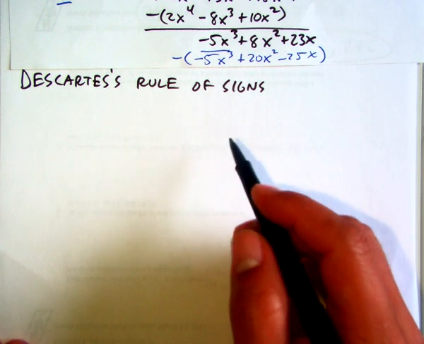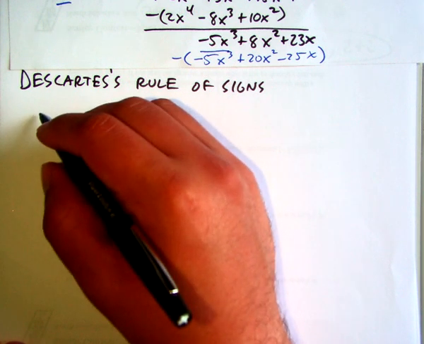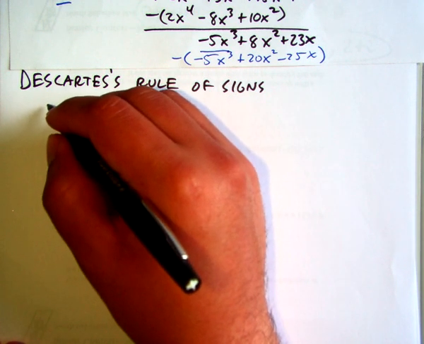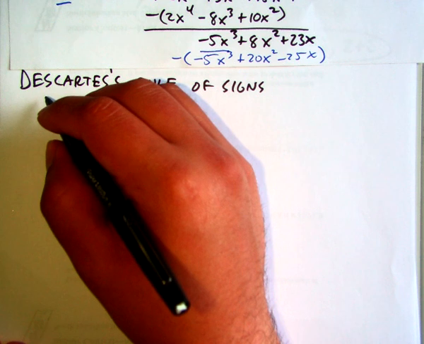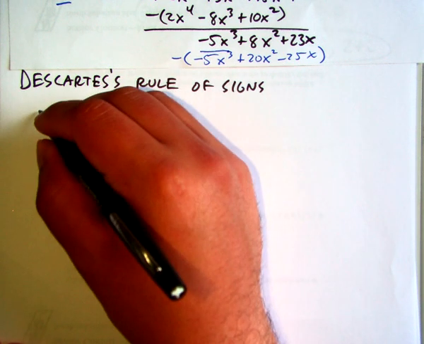Okay, so here's how it works. So let's say, well, there's two possibilities. Let's call it 1.